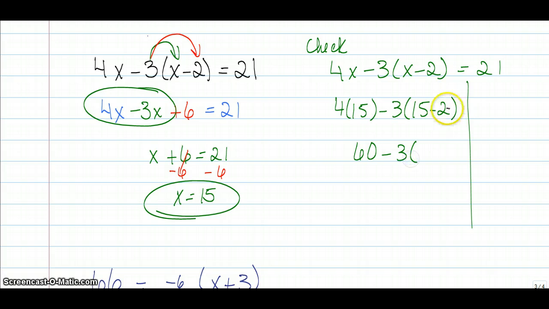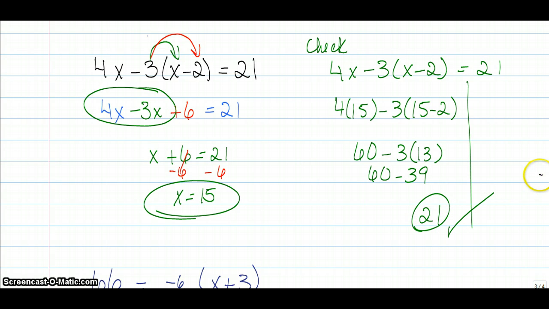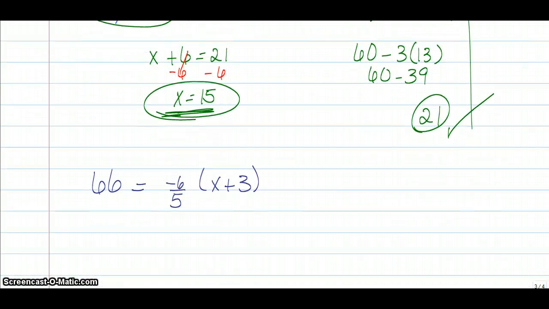Minus 3 times 15 minus 2, that's going to give me 13. So I have 60 minus 39. 60 minus 39 equals 21. So it checks out. Now remember that my answer is x equals 15. This 21 just tells me that I did my work correctly.